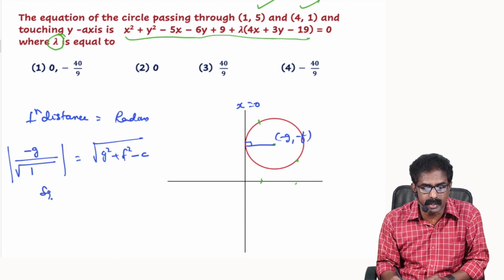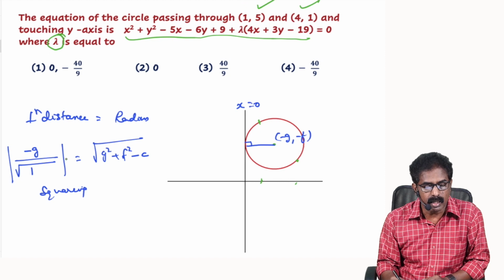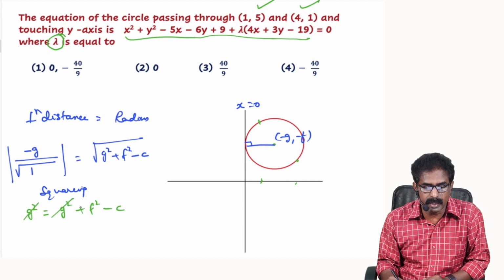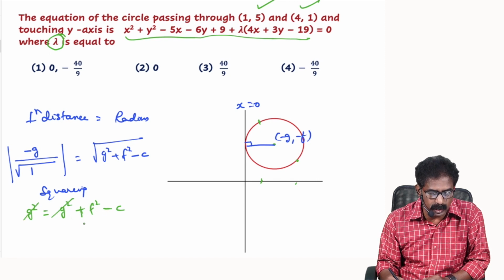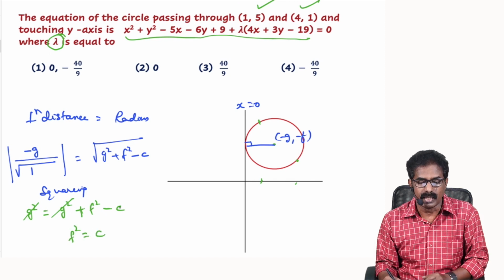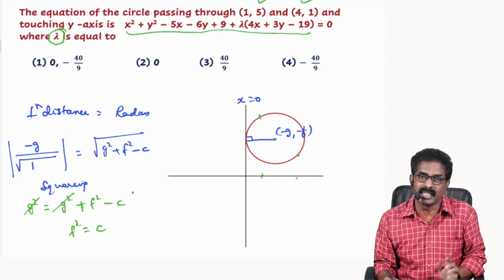So the modulus cancels, g becomes g square, the denominator is 1 only. On the right side when you square, the root cancels, and you get g square plus f square minus c. So g square cancels. So f square equals, bringing that minus c to the left side, plus c.